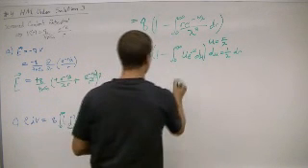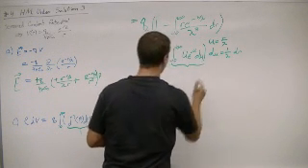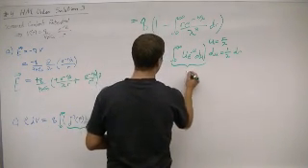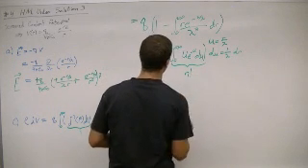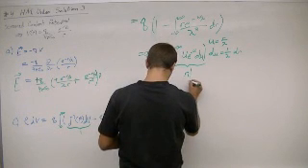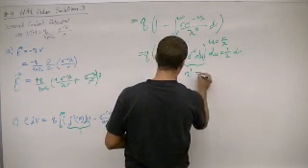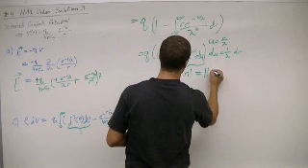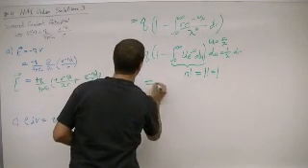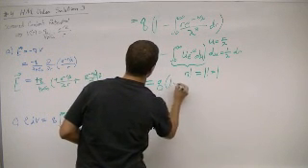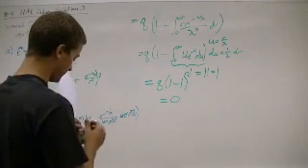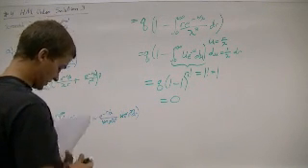Now this right here is a gamma function, and by definition that is equal to n factorial, where n is the power of u, which in this case is just 1, equals 1 factorial equals 1. So what we end up having is Q times 1 minus 1, which is just 0. Alright, so that is my solution.